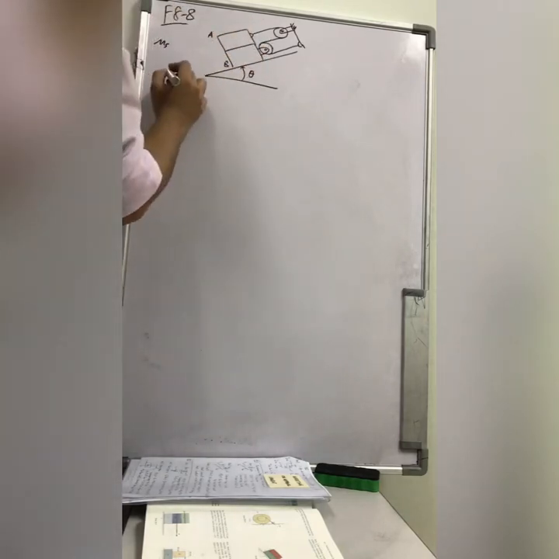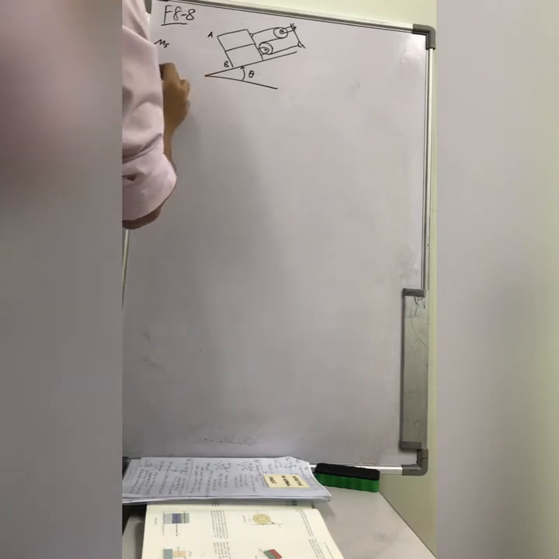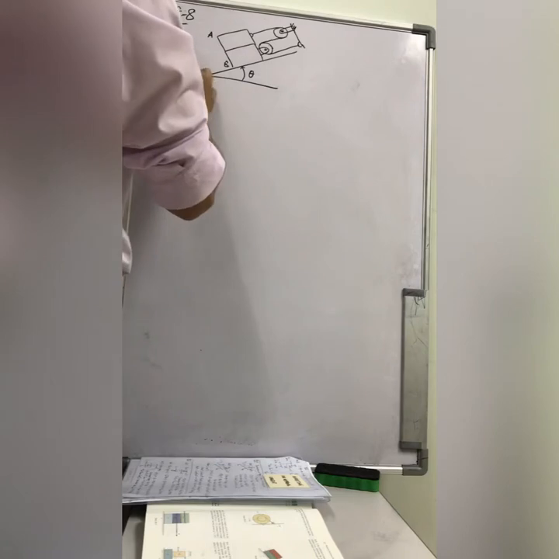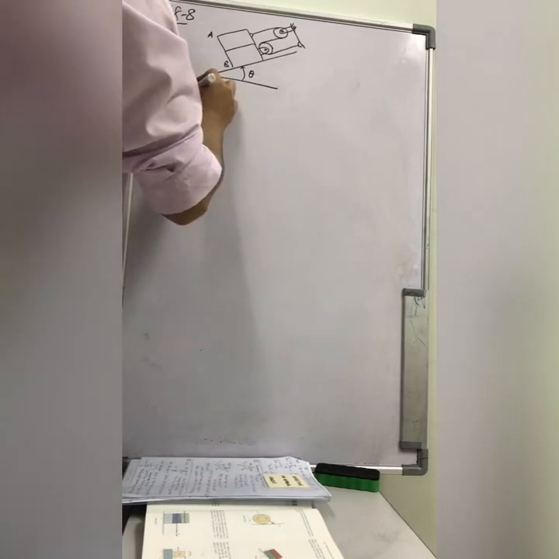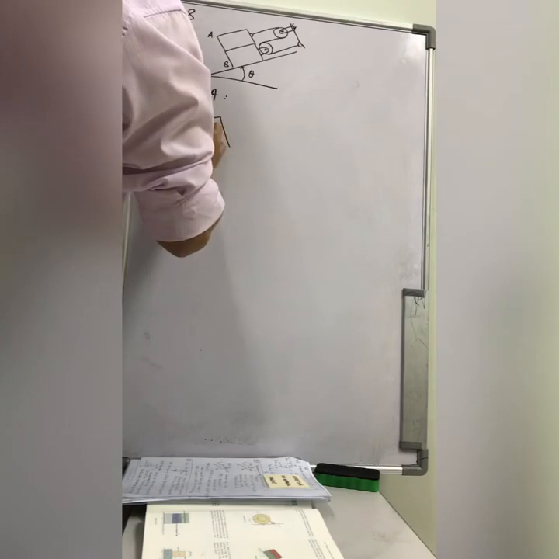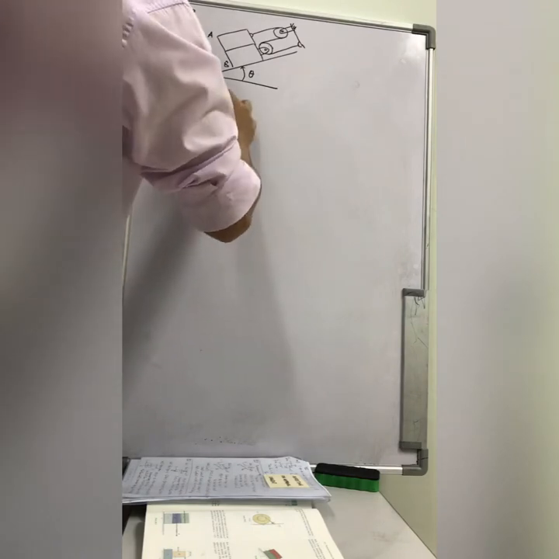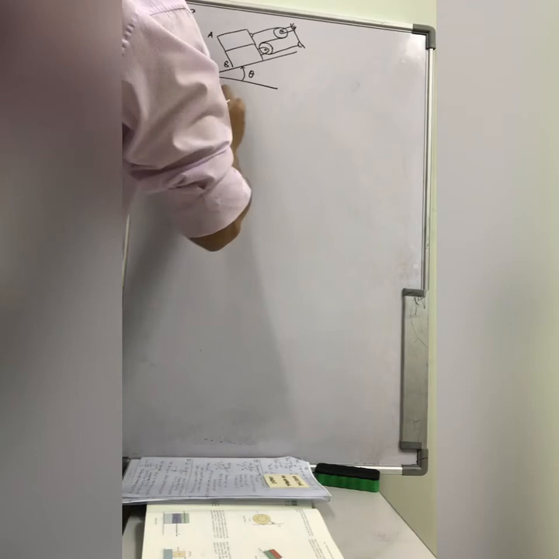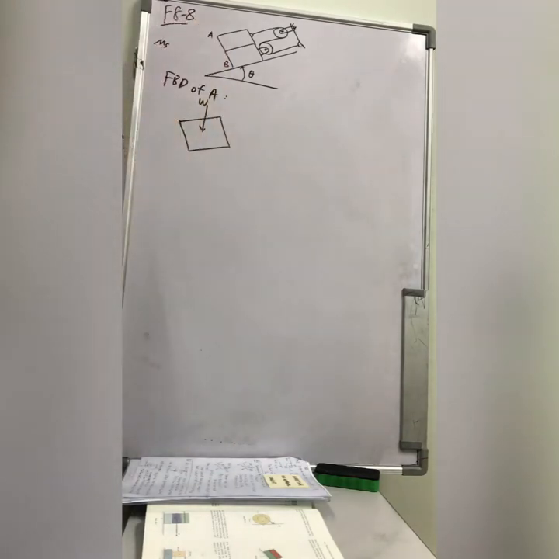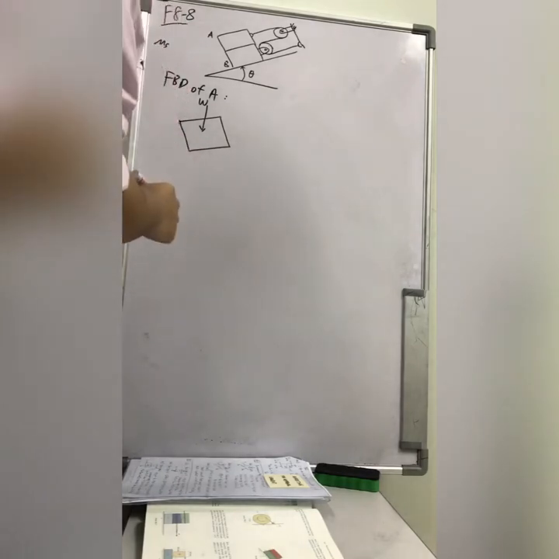So after you realize this configuration, what you have to do is draw the free body diagram. Let's start with block A. Free body diagram of block A: you have this inclined block A, then you have the weight W. About this weight W, how do you understand this angle?